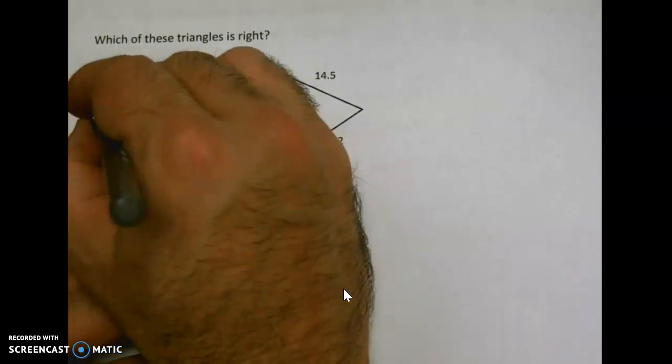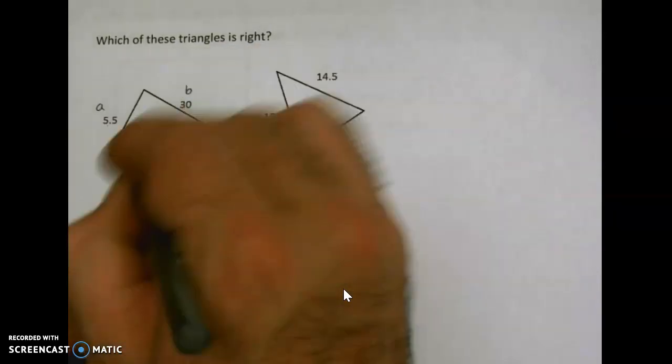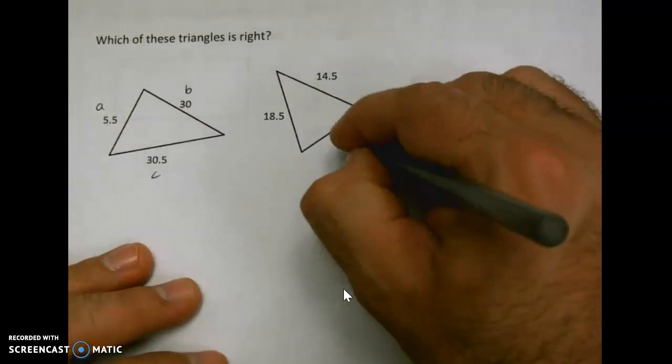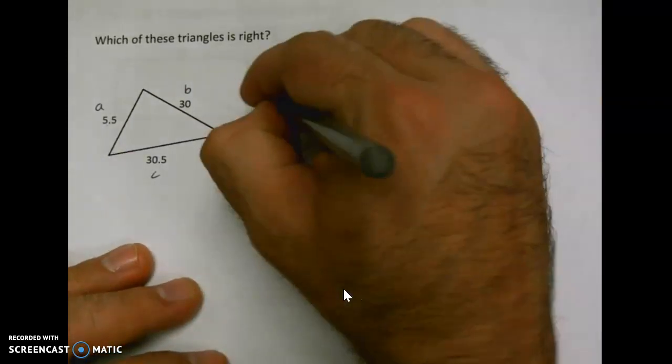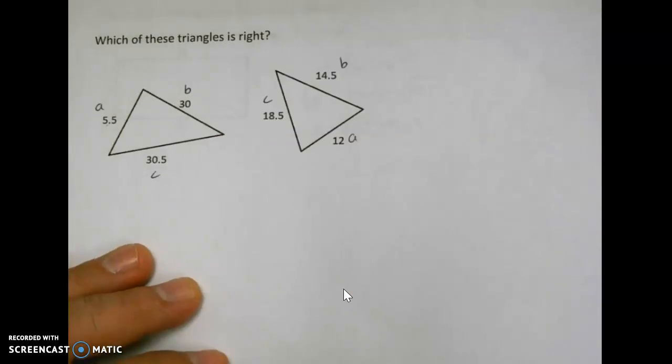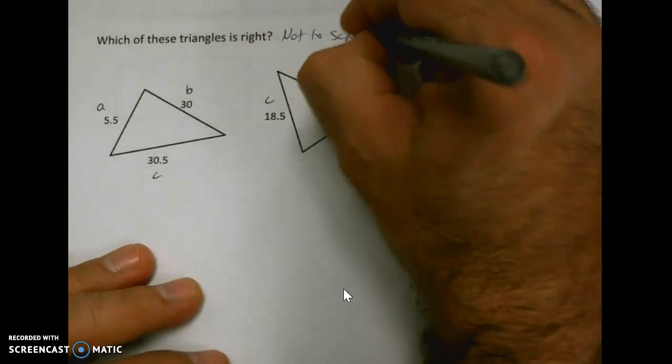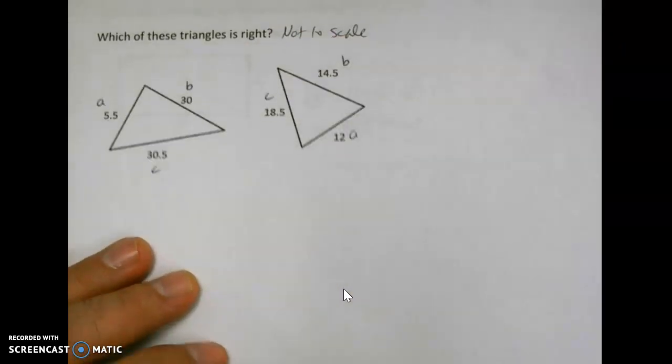These are my two smallest sides, and 30.5 would be my largest side. So I'll call those A, B, and C. Now these are not to scale, so don't worry about them. Neither one of them really looks like a right triangle, but you can't really judge based on what it looks like. You have to judge based on what the numbers tell you.